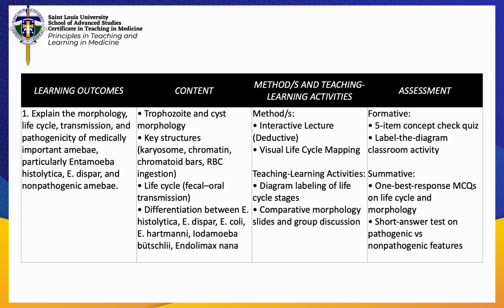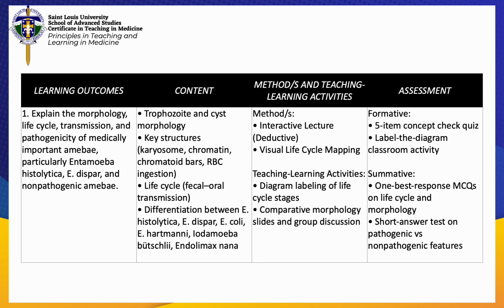For Learning Outcome 1, the assessments are designed to measure foundational understanding of morphology, life cycle, and pathogenicity of medically important amoeba. We begin with formative assessments such as a short 5-item concept check quiz and a diagram labeling activity. These allow us to immediately identify gaps in understanding.